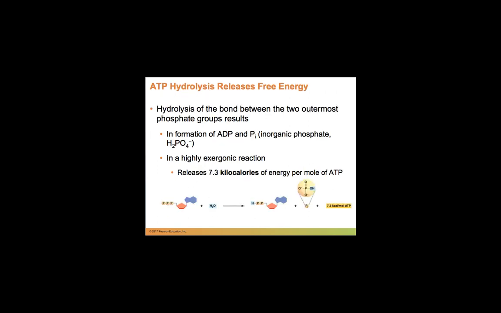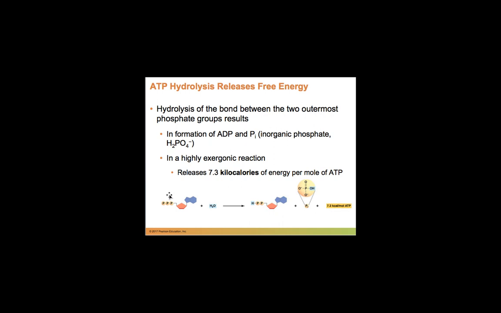All right, this will explain this better. So ATP hydrolysis, right? Hydrolysis is when we cut with water, and it is going to release that free energy. Remember, ATP is a very high energy molecule. Why is it a high energy molecule? It has a lot of negative groups that repel one another. So hydrolysis of the bond between the 2 outermost phosphate groups, right? We see we have 3 phosphate groups.